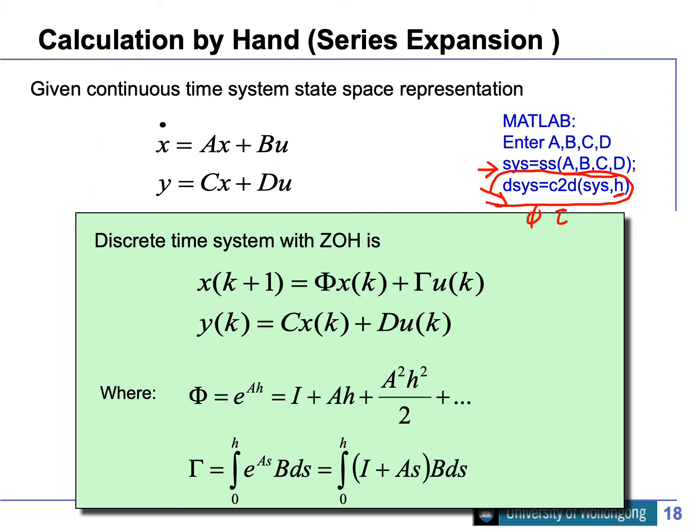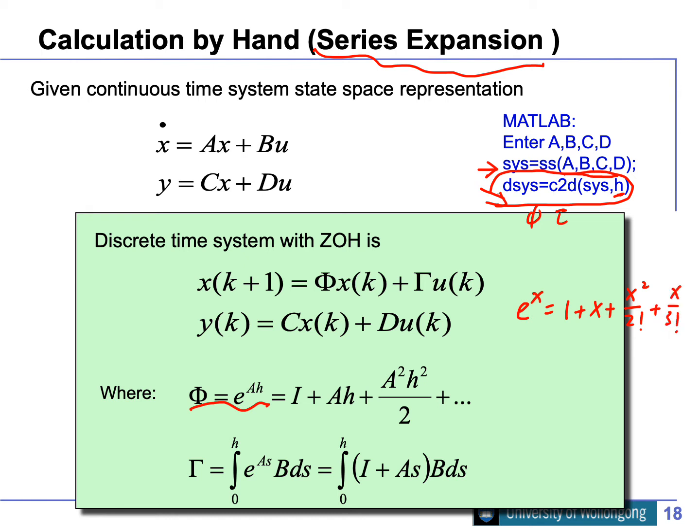If we look at calculating by hand with the series expansion, we know the formula is phi equal to e^(Ah). And e to the power of x is equal to 1 plus x plus x squared over 2 factorial plus x cubed over 3 factorial.